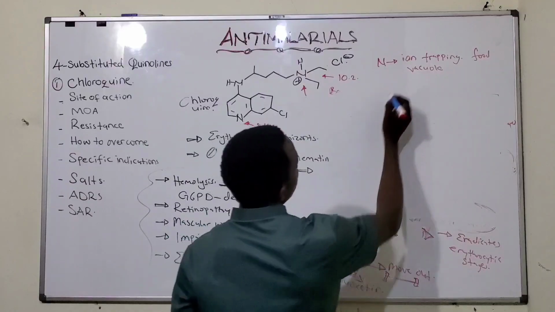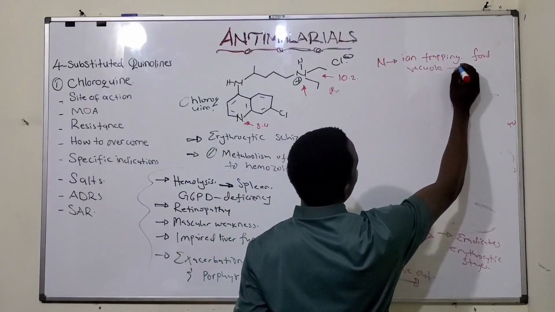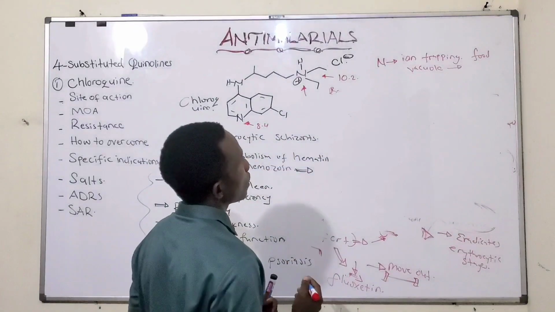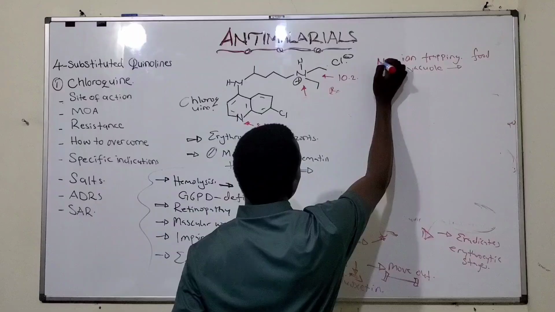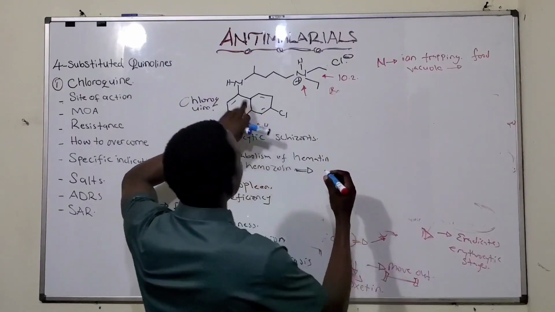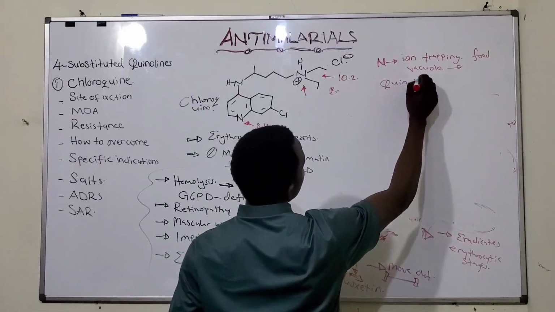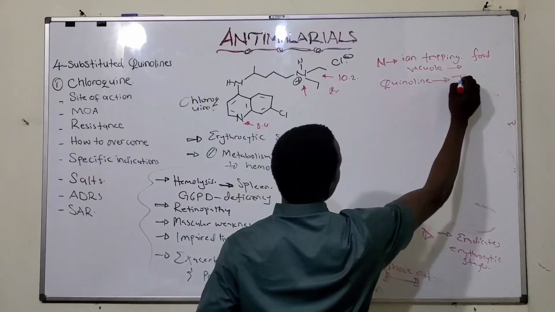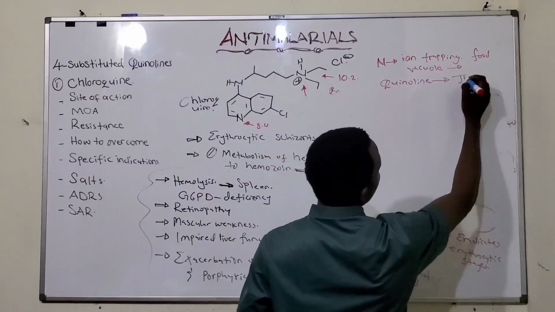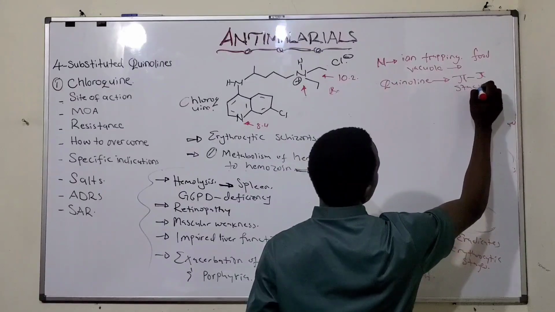Meaning that the drug can stay in the food vacuole and prevent the conversion of hematin, or the free heme, into hemozoin, so the parasite is destroyed. Remember, it is basic. Then we have this quinoline ring. It is also for binding to the hematin by stacking.